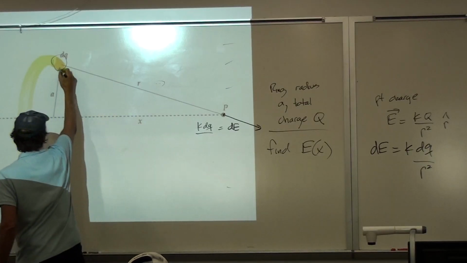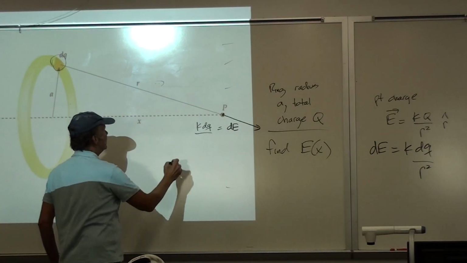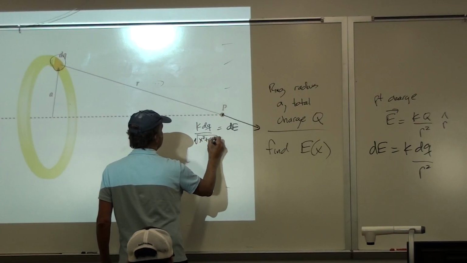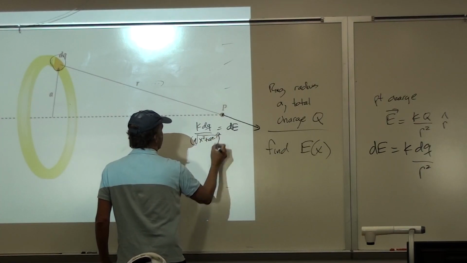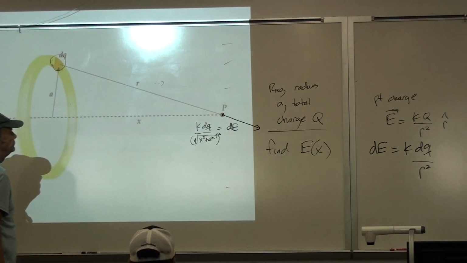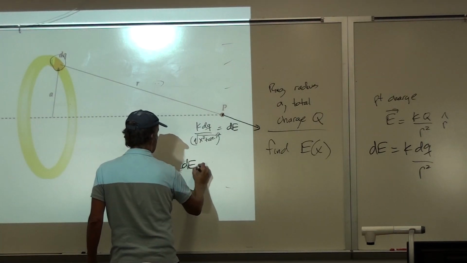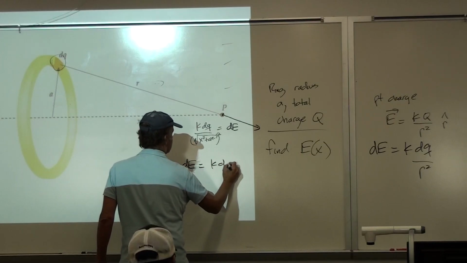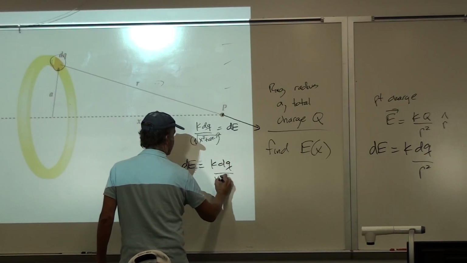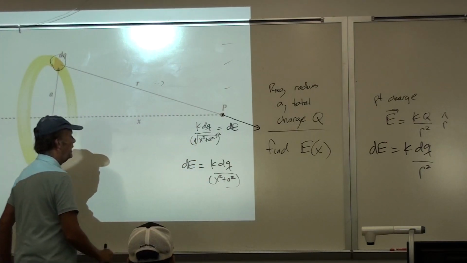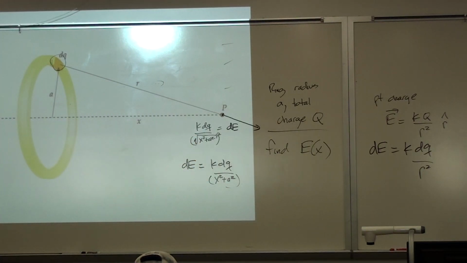Now let's write r in terms of given quantities. That's going to be the square root of x squared plus a squared. So dE in this case is k dq divided by x squared plus a squared. And so all you have to do is add all of these up.